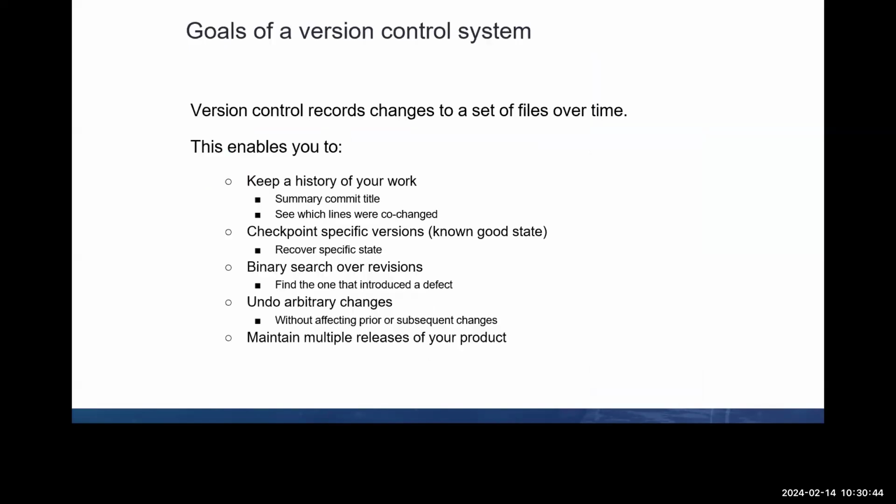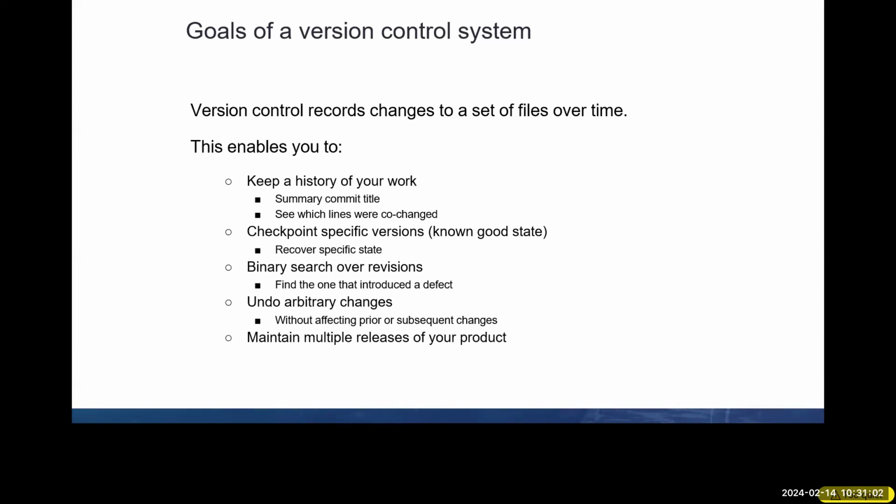But this is for files. If we are working on a big project, we need a better solution. So here are the goals of a version control system. Version control records changes to a set of files over time.